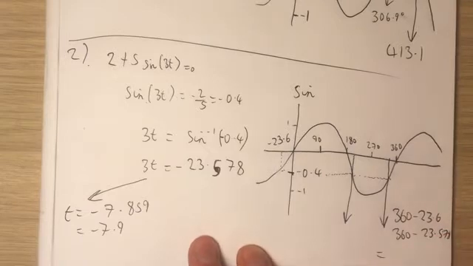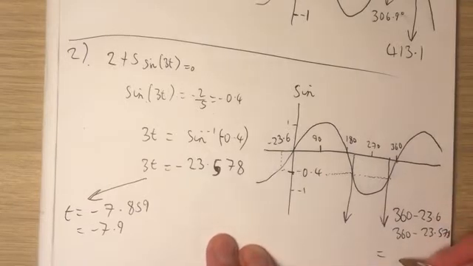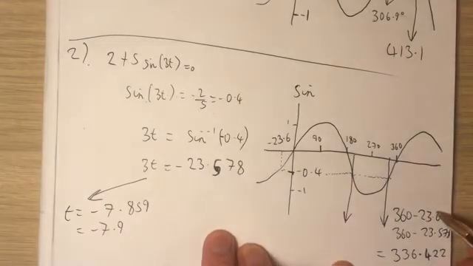But in any case, what you are going to end up with is 336.422 if you're using this precise one here. Okay, or more or less 336.4 if you're just using that one.